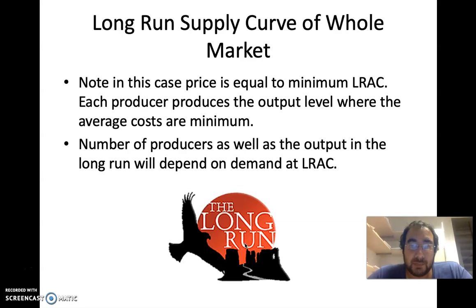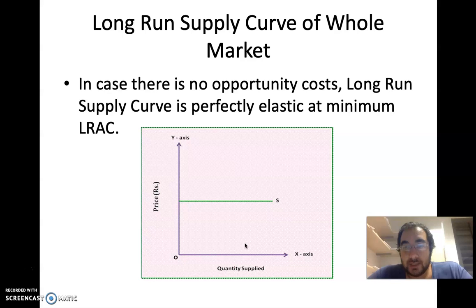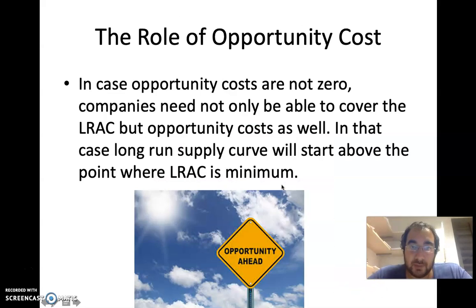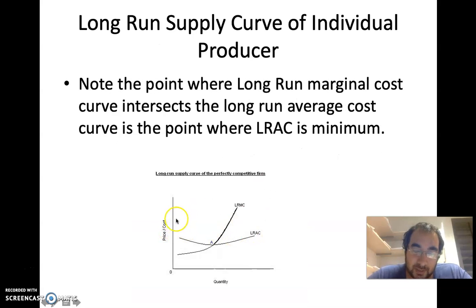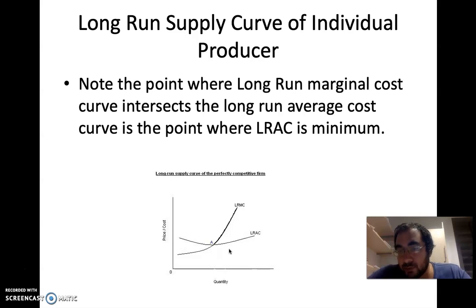So let's see what will happen if this is not the case. This might not be the case if the price is higher than the long-run minimum average cost. In that case, the price will be somewhere here, which means that at the profit-maximizing point, average revenue will be higher than the average cost, and on average the companies in the market are able to get a profit, when we take the opportunity cost, the next best alternative, into account.